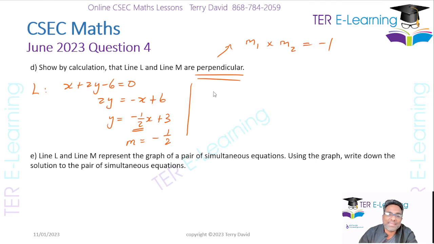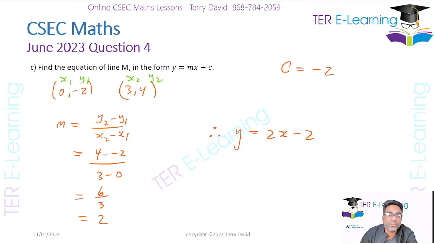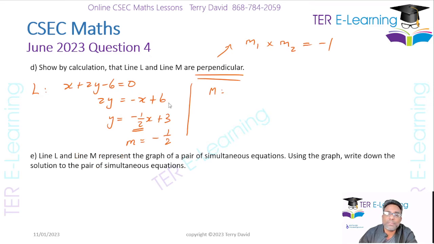So that's L. In the case of m, we just worked out that the gradient of m was 2. So let's call this m1, and the gradient of m2 is equal to 2.